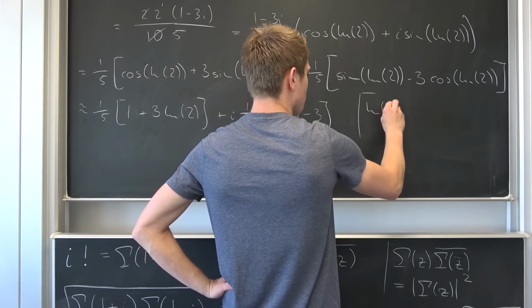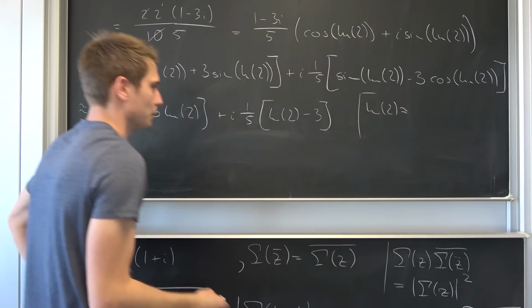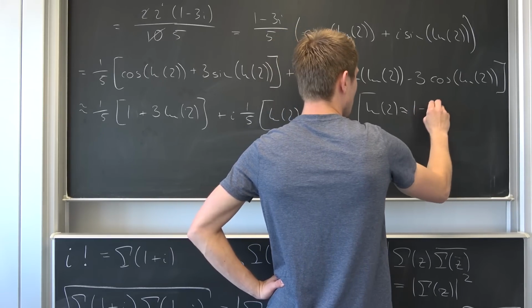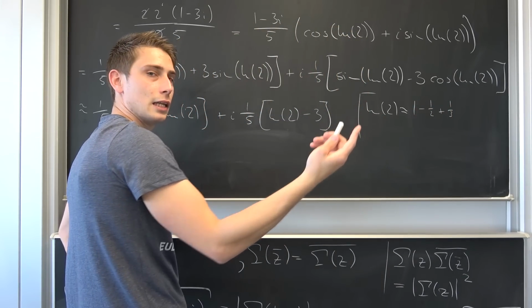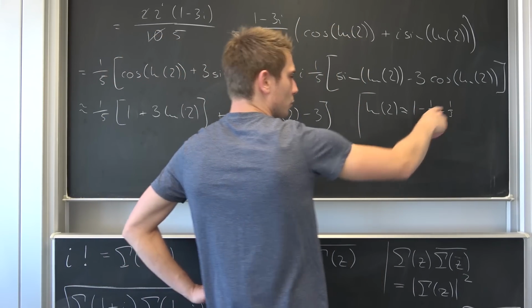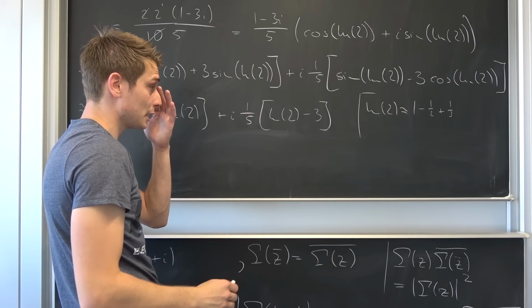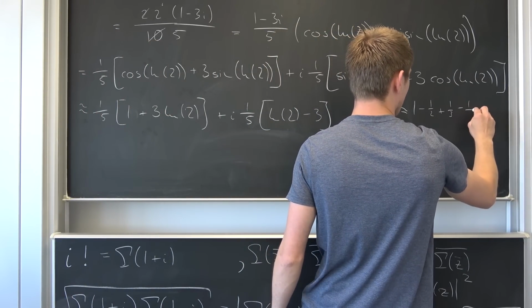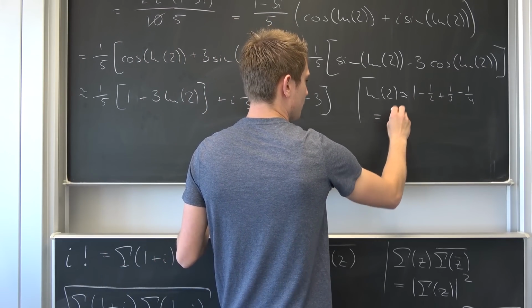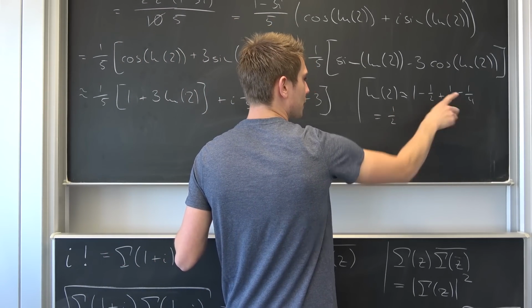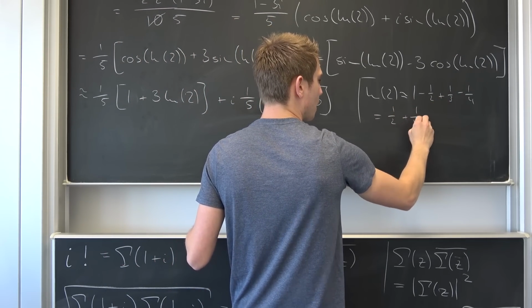So natural log of 2 is approximately, we're going to get 1 minus 1/2 plus 1/3. Okay, let's do one more because the error is going to grow right here. Okay, minus 1/4. We know that this right here is nothing but 1/2, and this is going to be plus 1/12.